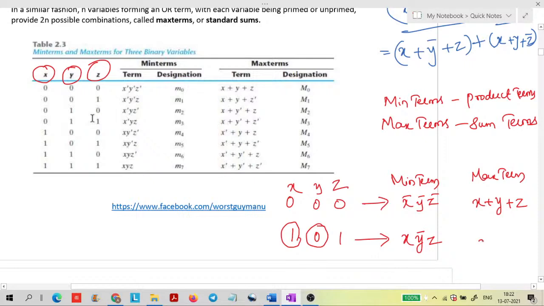And how can we write the max term? x plus y bar plus z.